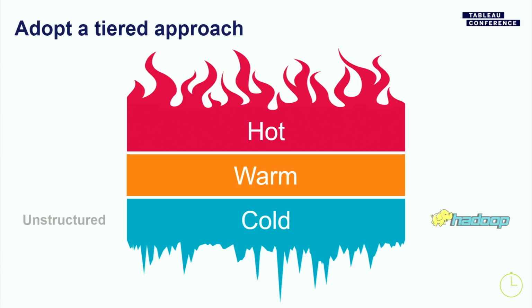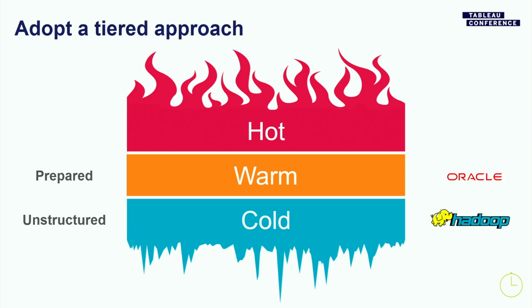So consider the cold tier as your data lakes, for example, a lot of data, your most granular level. This could be data that exists in an unstructured way in your Hadoop clusters, for example, and typically not used for a lot of analysis because it's not primed for fast querying, it's primed for a lot of storage.